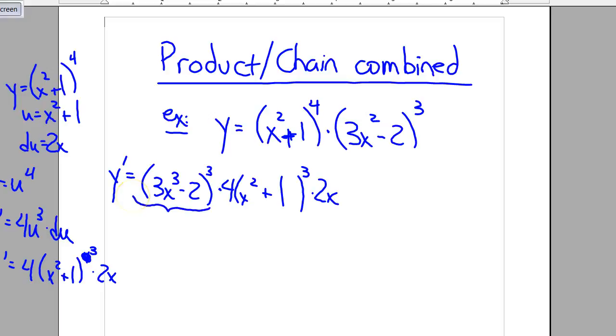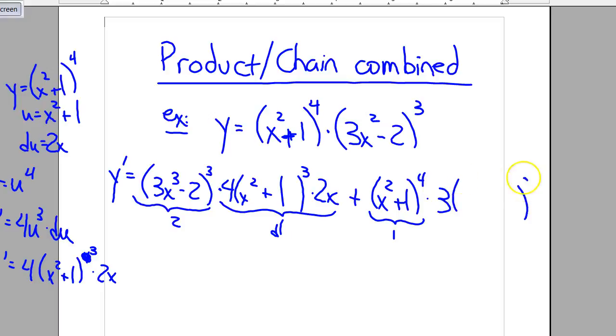So this is the second thing. This is the derivative of the first thing. Plus the first thing times the derivative of the second thing. So if I try to talk through this without doing all that stuff. Again, your big guy is a power. How do you take the derivative of powers? You bring them down and you reduce by 1.